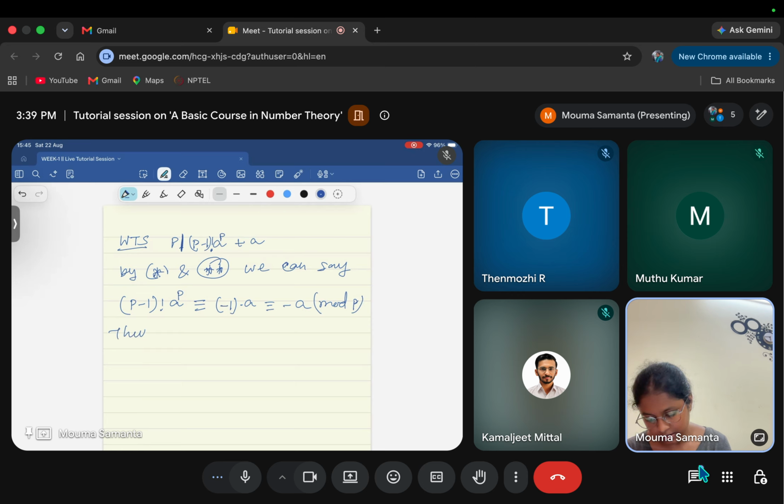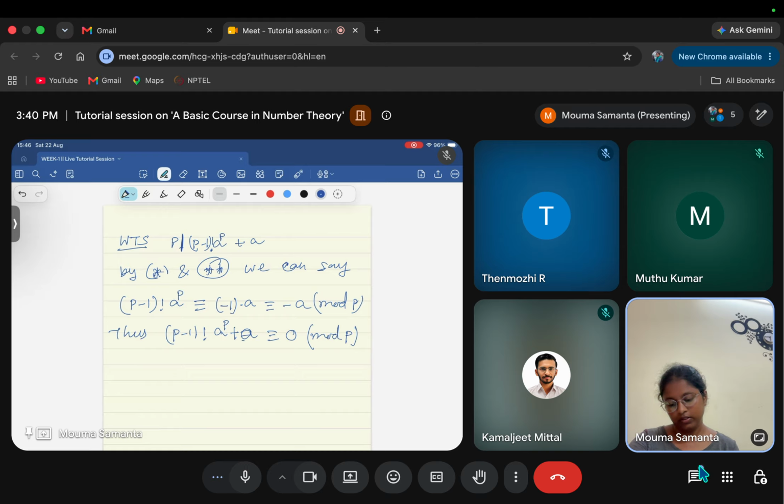Thus p minus 1 factorial times a power p plus a is congruent to 0 mod p. So hence we have the second statement, that p divides p minus 1 factorial times a power p plus a. This was nothing but a straightforward use of these two theorems, Fermat's little theorem and Wilson's theorem.